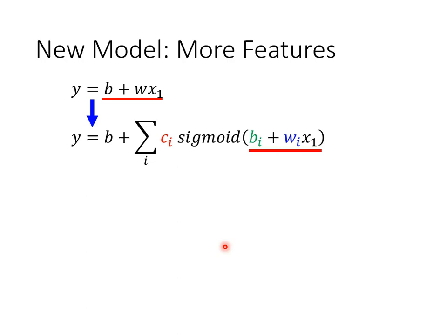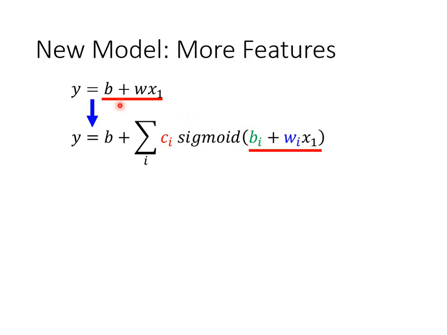Okay, so originally, we were working with linear models, which can be written as y equals w times x1 plus b. The linear model has a very big limitation, which is called model bias. So, how can we reduce the bias of the model? We can do so by creating a more flexible function with unknown parameters. It can be written as y equals b plus summation of ci times the sigmoid of wi times x1 plus bi.